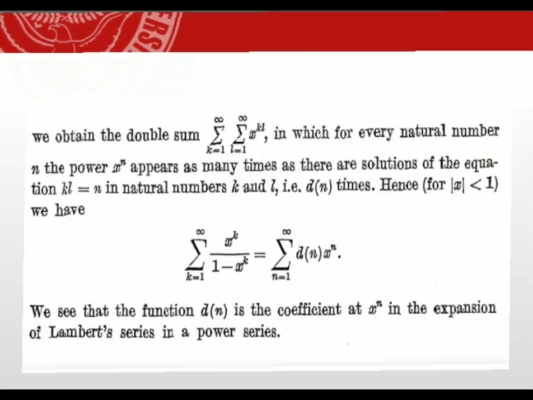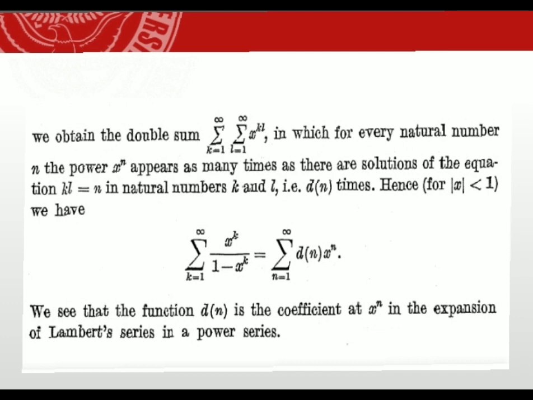We obtain the double sum, the summation from k equals 1 to infinity and the summation from l equals 1 to infinity of x raised to kl, in which for every natural number n, the power x raised to n appears as many times as there are solutions of the equation kl equals n in natural numbers k and l, that is, d of n times.